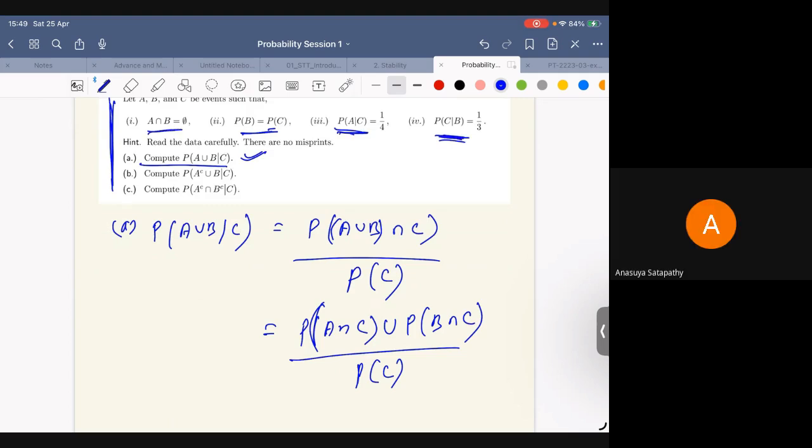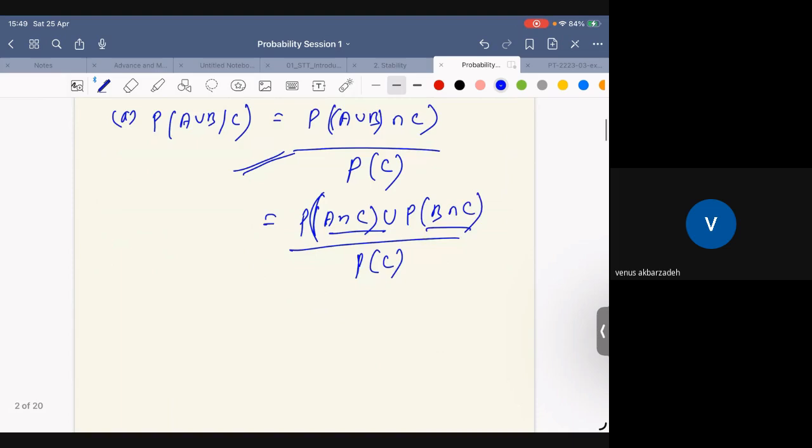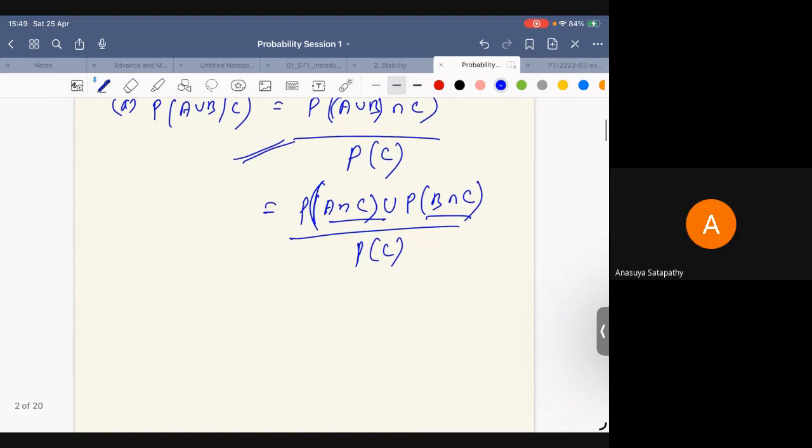You have P of B and P of C equal, and A intersection B is phi. These are the conditions.